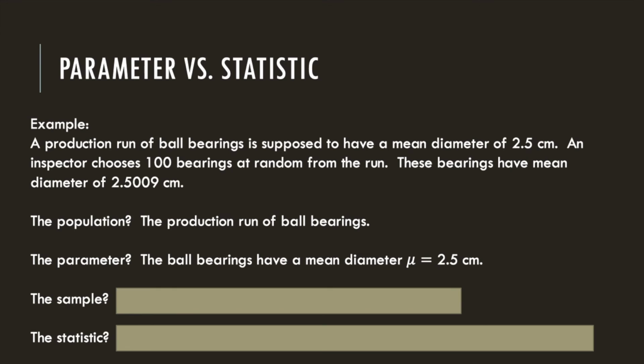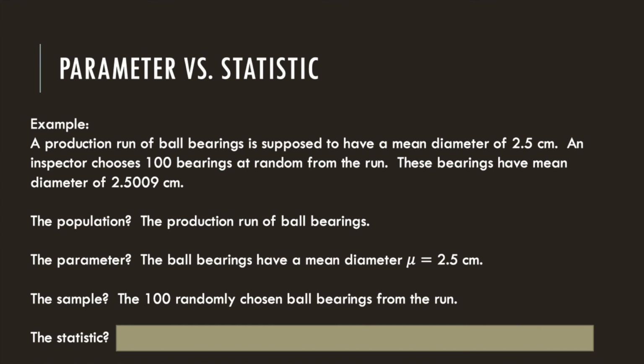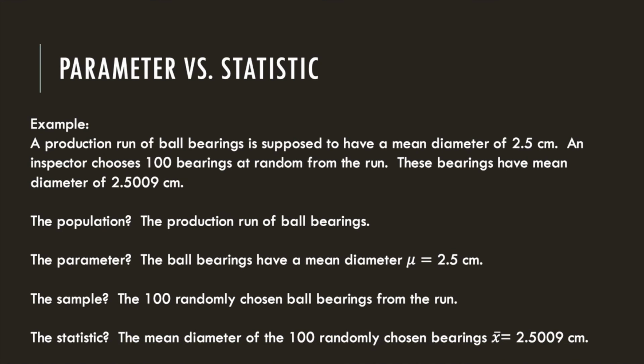The sample is the 100 randomly chosen ball bearings from the run. So the sample size is 100, but the description is that it's the randomly chosen ball bearings from that run. And the statistic is the mean diameter from that sample of 100, which we will call x bar, which equals 2.5009. So hopefully you got those all right.